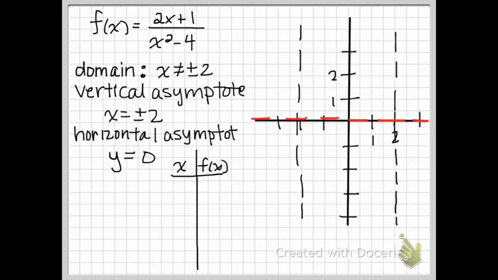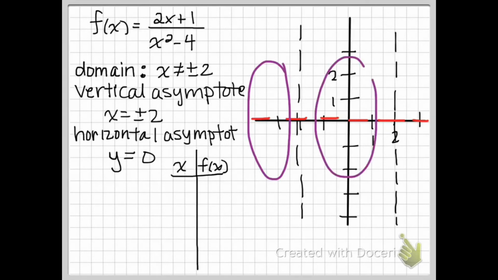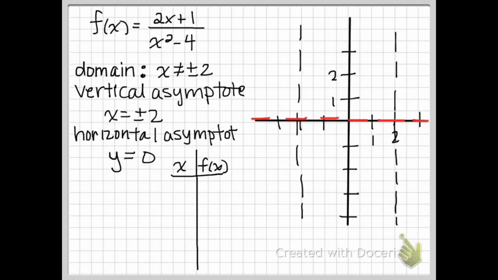Now from here, all I need to do is figure out what is going on. Is the function above or below the x-axis, in each region? And the way I'm going to do that is by substituting a value. So if you look down at the table of values here, I'm going to substitute a value of x from each of those regions.